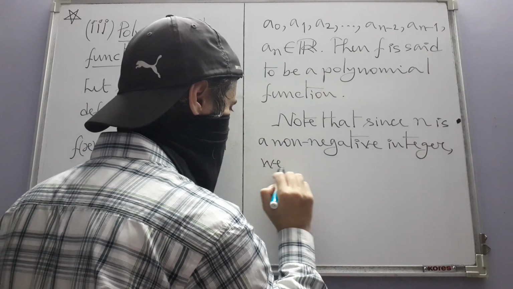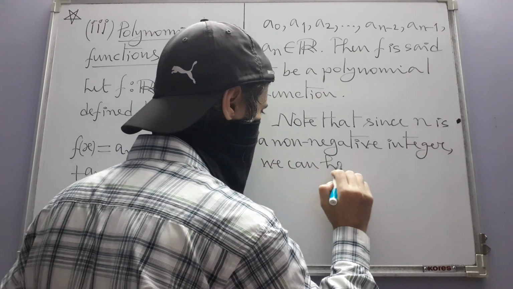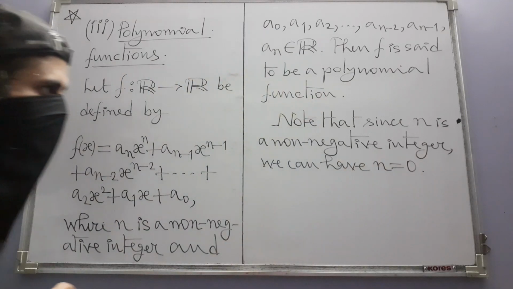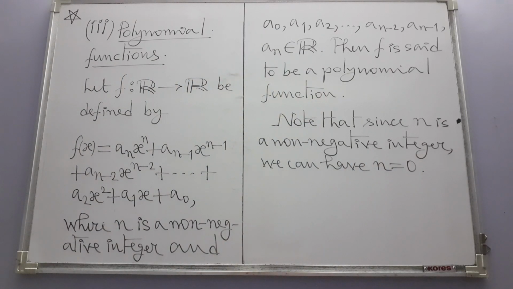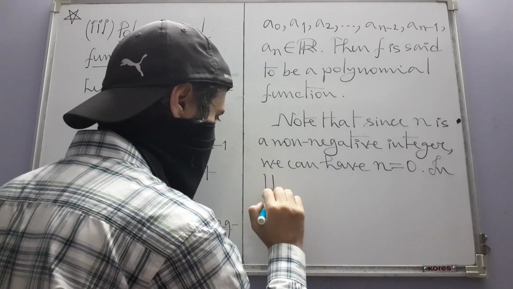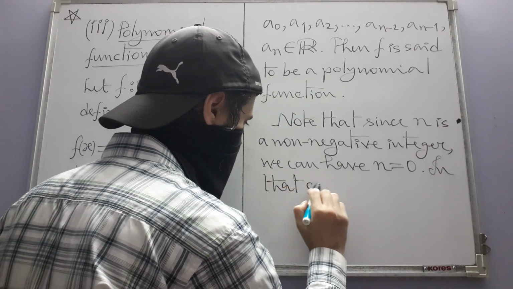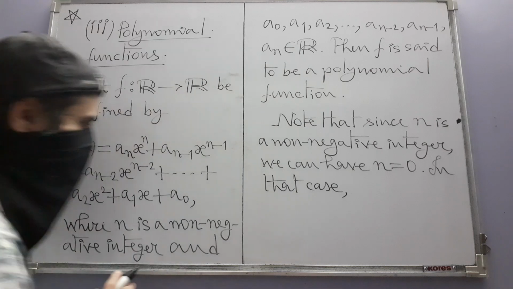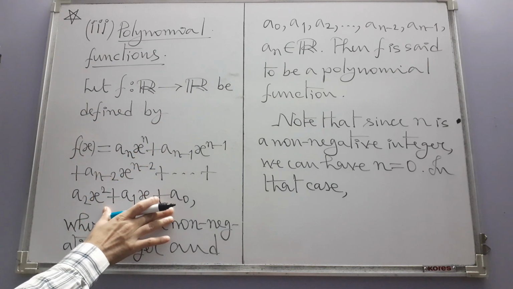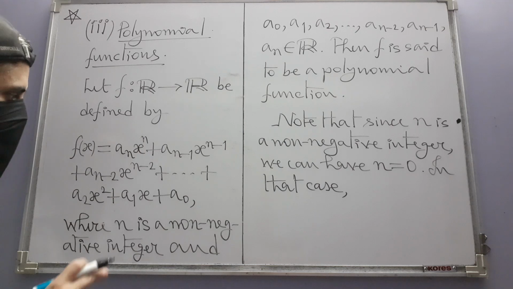We can have n equal to 0. In that case, obviously the formula will not be so complicated because n is 0.